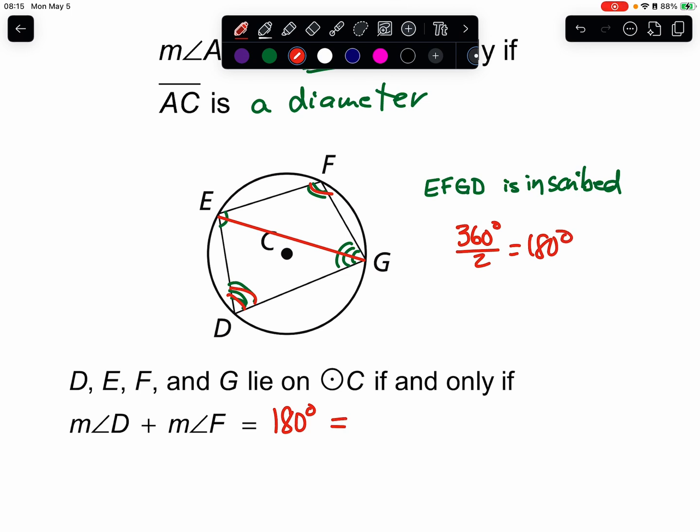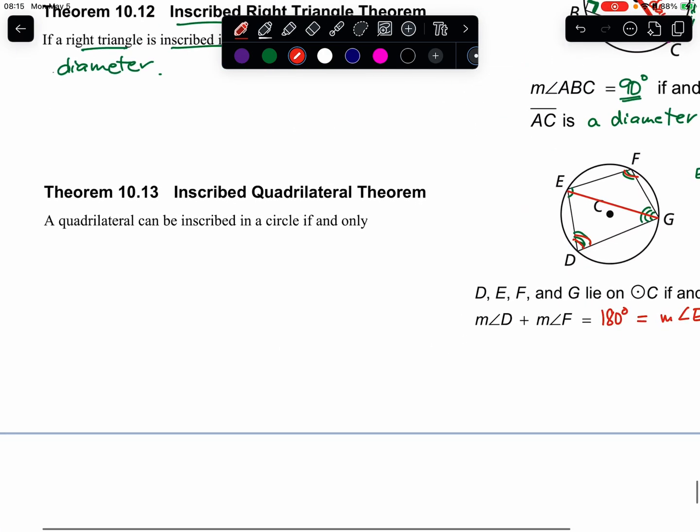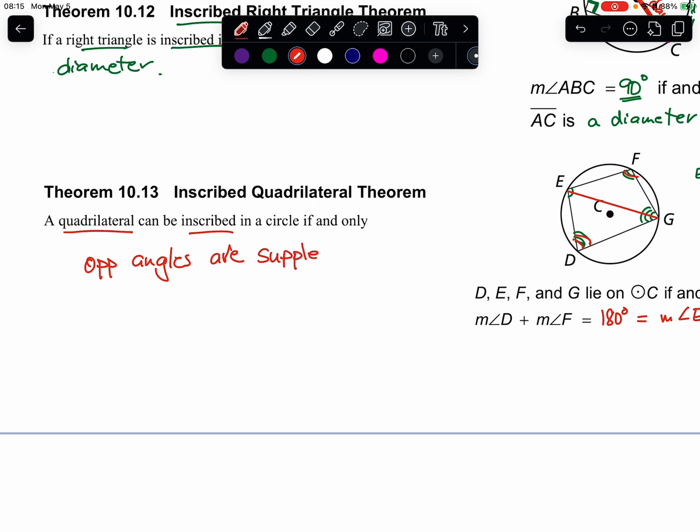So not only do the opposite angles D and F, but also the measure of angle E plus the measure of angle G. So we have a property that if you have a quadrilateral that's inscribed, then the opposite angles are, fancy word for adding up to 180, supplementary.